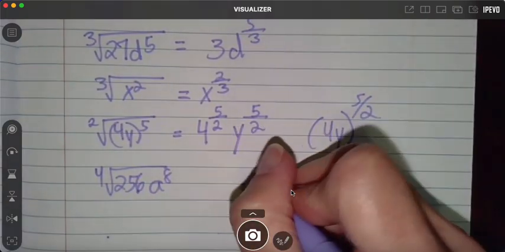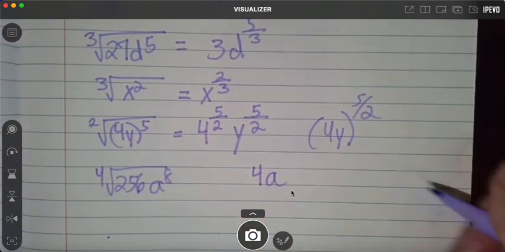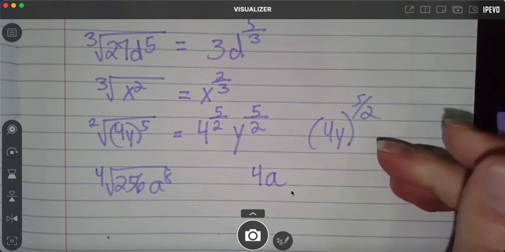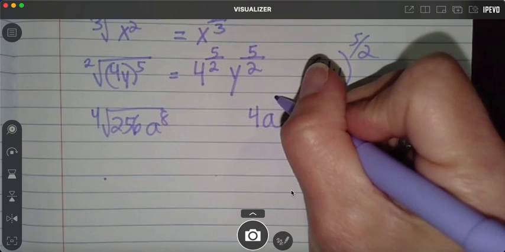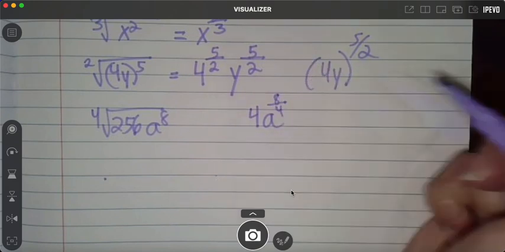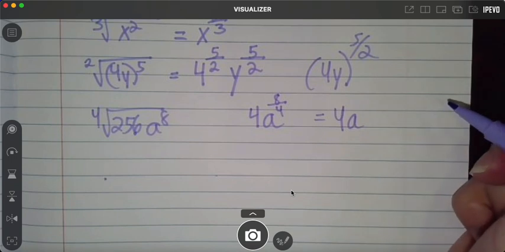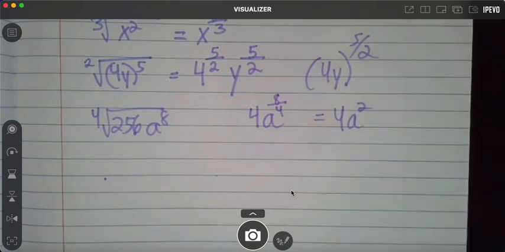So I'm just going to replace that with 4. Now for my a, what's my top number on mine? It's 8. And what's my bottom number? My root is 4. What's 8 over 4? What's 8 divided by 4? 2. It's just 4a squared. See how much I could simplify that?